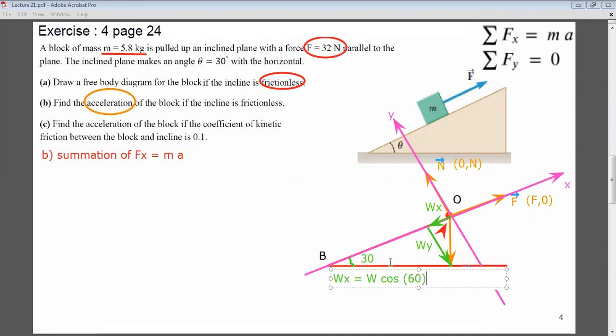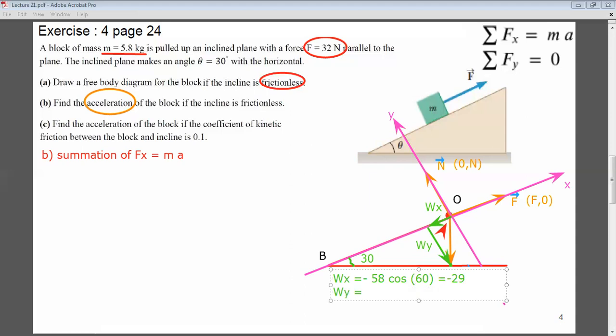It's in the negative direction, so I should put a negative sign here. Now, instead of W, I will put m times g, which is 5.8 times 10, and that's 58. Cosine 60 gives me minus 29. So this is Wx.